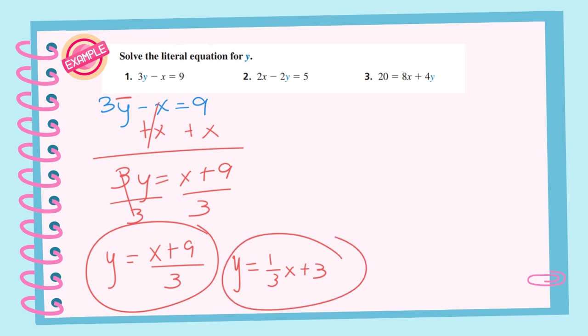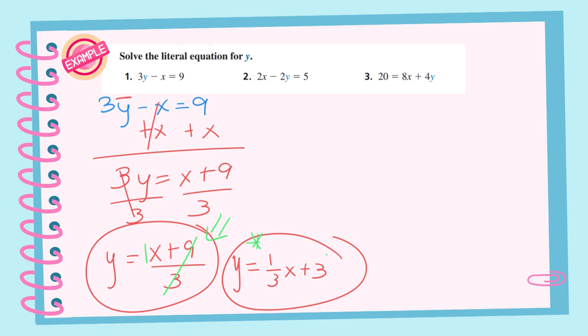Who sees that there? What happened here? This simplifies, what's 9 divided by 3? 3. And then we know that there's an imaginary 1 here, right? So it's going to be 1/3 x. In your quiz, if you leave it like this, it'll be fine, okay? Because I know this is a little bit more confusing, but if you leave it like that, it'll be fine. But this is really your answer.